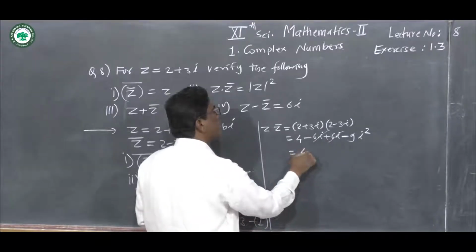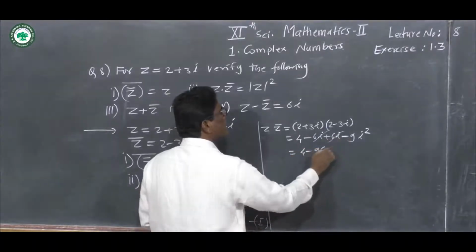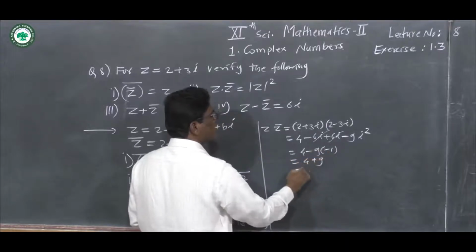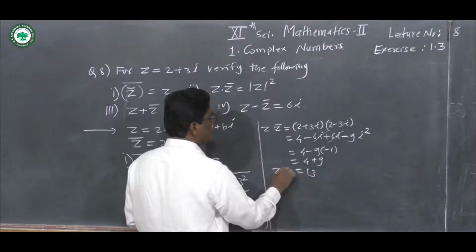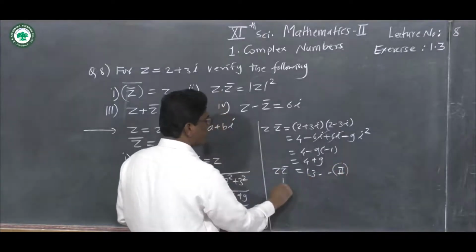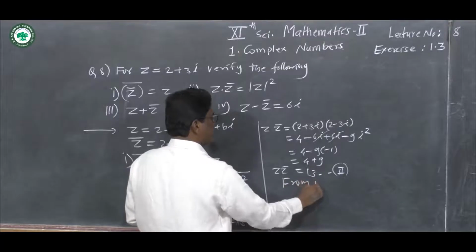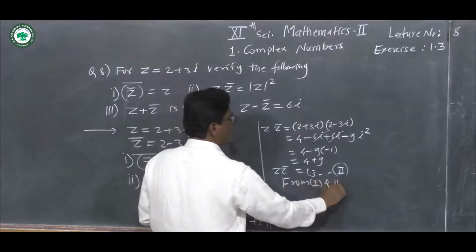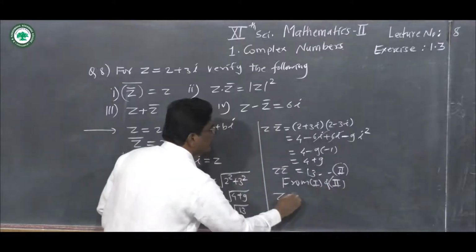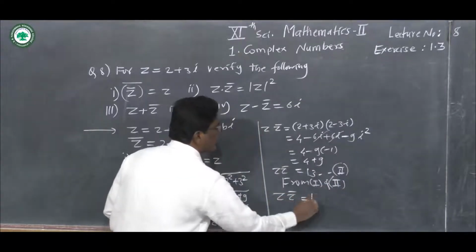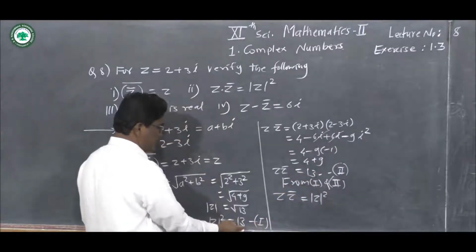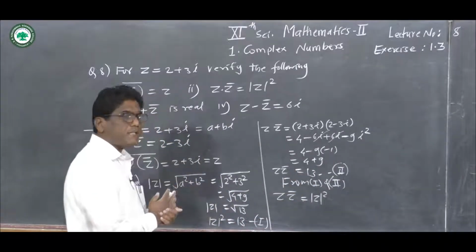So we get 4 minus 9 i square, and i square is minus 1. So it is 4 plus 9, 13. So Z into Z bar is equal to 13. We call this equation second. From first and second, we get Z into Z bar is equal to mod of Z square. In second it is 13, in first it is 13, so both sides are equal.